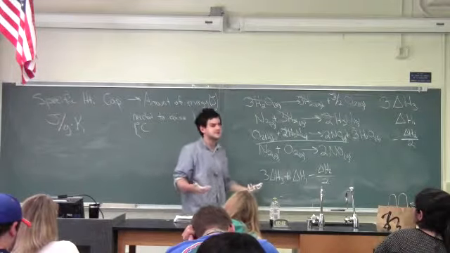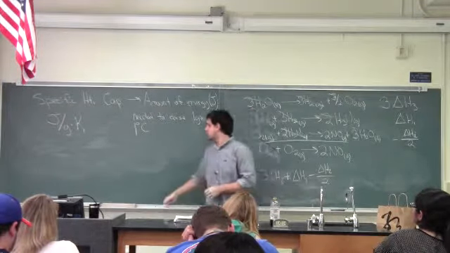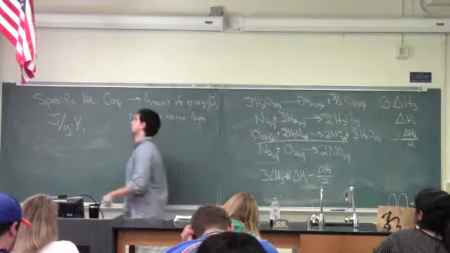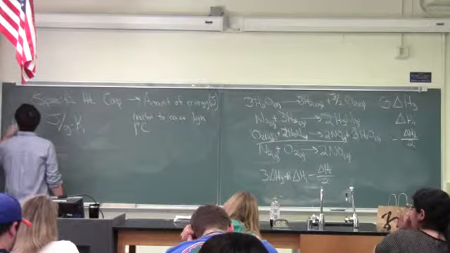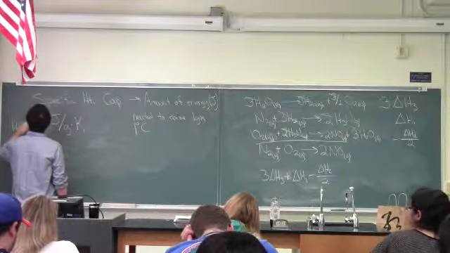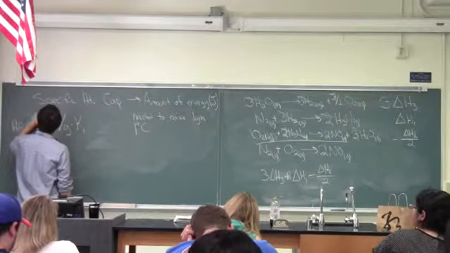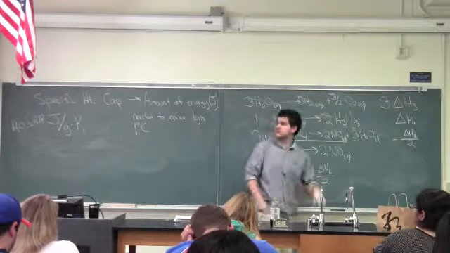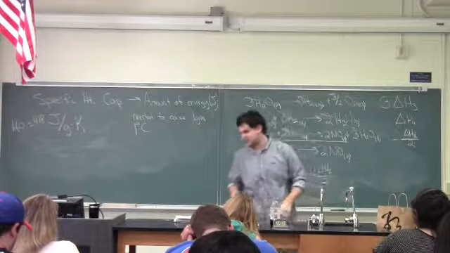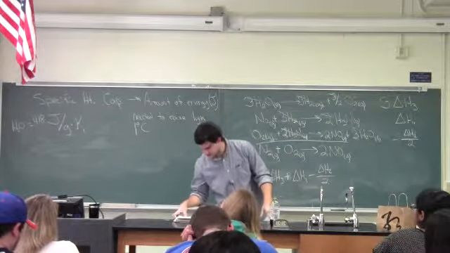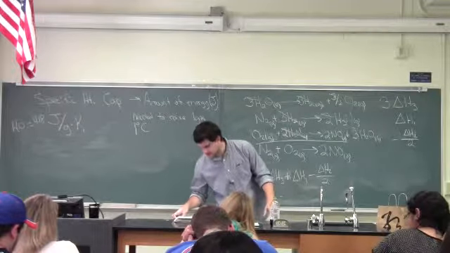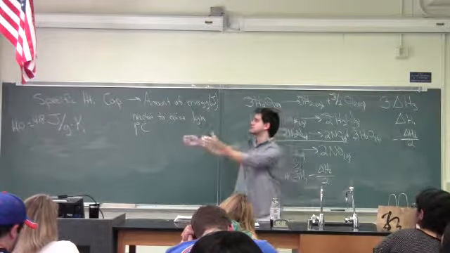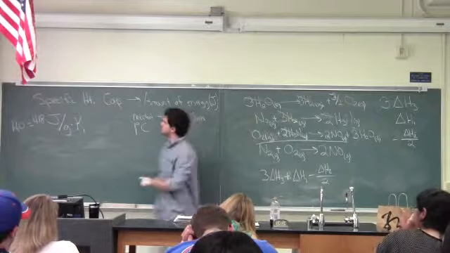Water has a pretty high specific heat capacity, 4.18 joules per gram per degree Kelvin. Compare that to, I don't know, a pure sample of some metal, iron, 0.45 joules per gram per degree Kelvin.